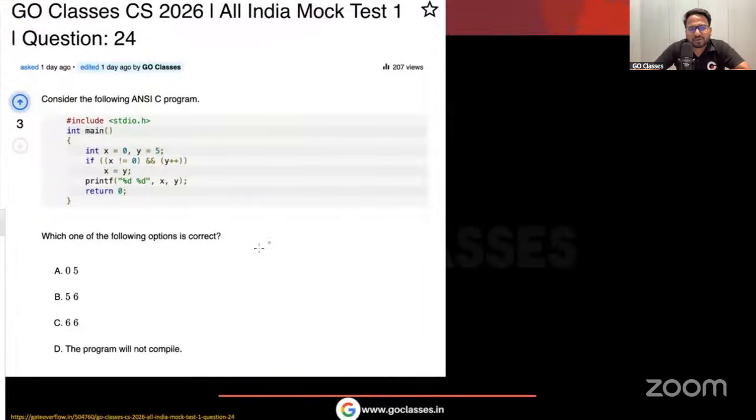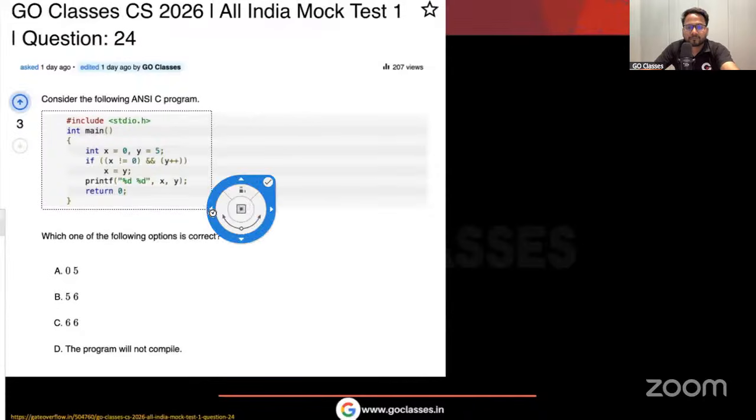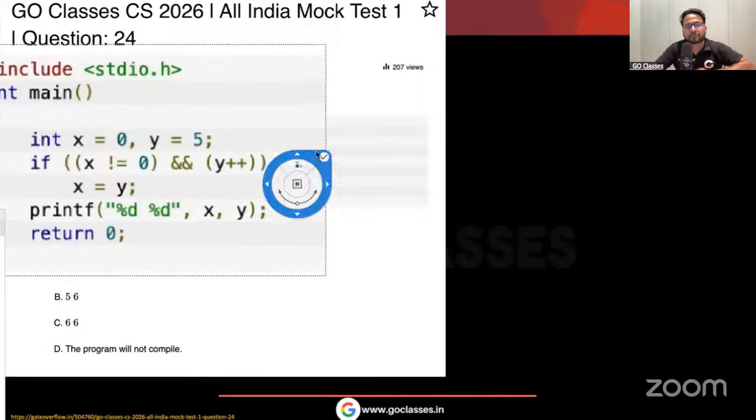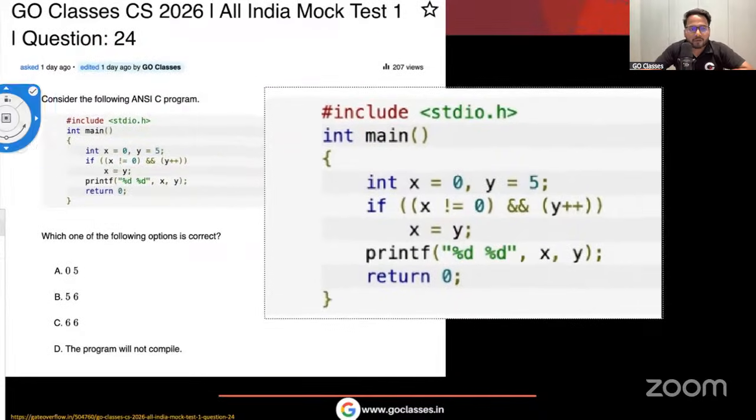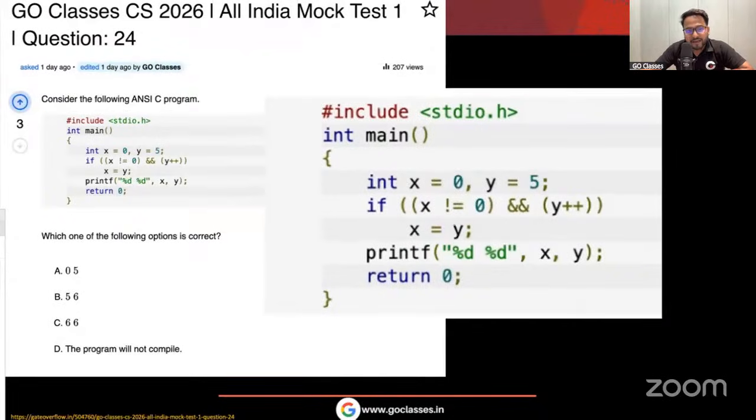Now let's see this question. This was actually a very, very easy question. Here, let me just zoom it out. Here we are saying x is not equal to 0. Actually, x is equal to 0, so this is false, right? The moment it is false, you will not execute the next statement because of the AND.